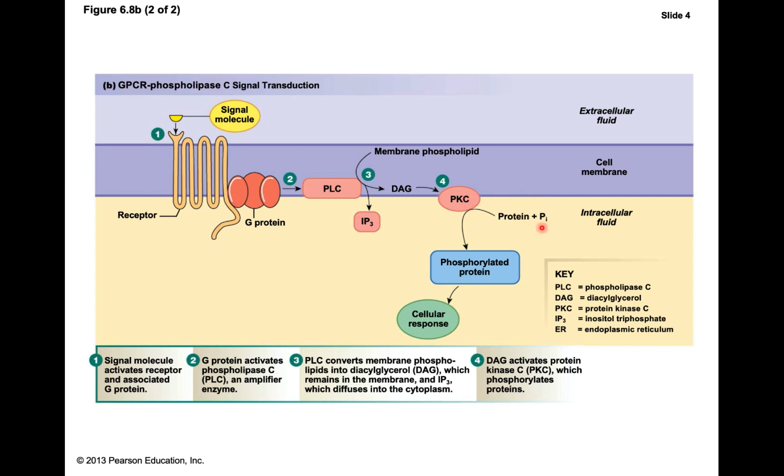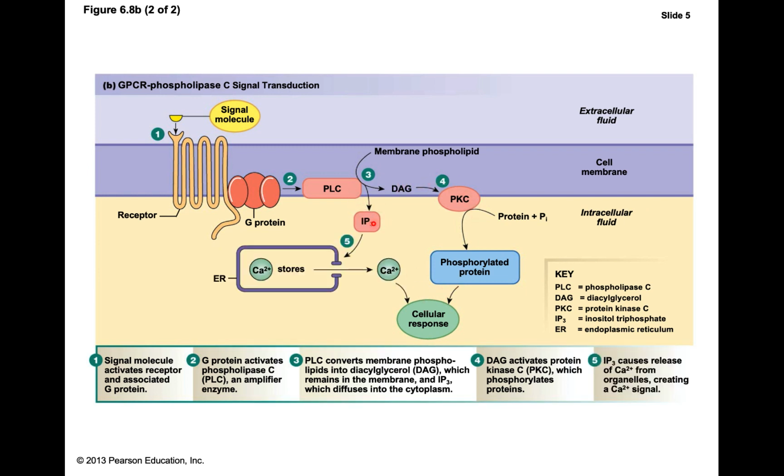This Pi means inorganic phosphate. So you add the phosphate group to the protein through PKC, and you get an activated protein here. Again, just like the previous mechanism, this protein can activate other things downstream and create some sort of cell response. So that's the DAG pathway.